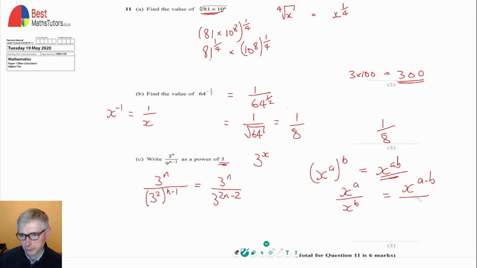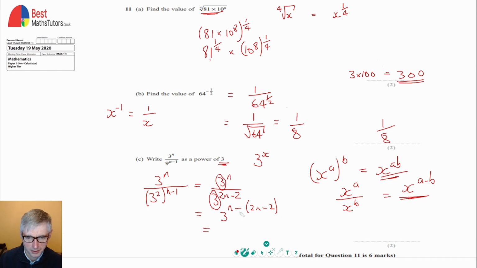That's the rule I'm going to use. Because I've got the same number, the 3 and the 3, I can make it a 3 with the power on the top minus the power on the bottom, so minus the 2n minus 2.